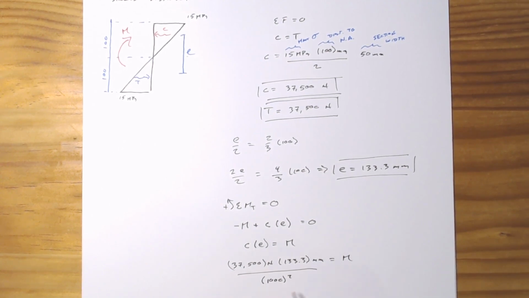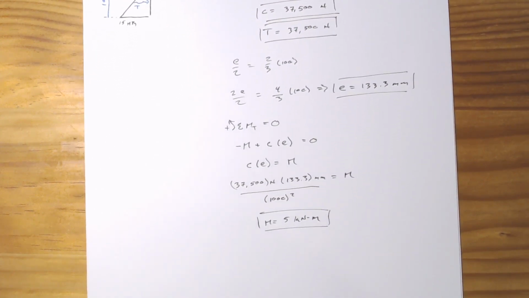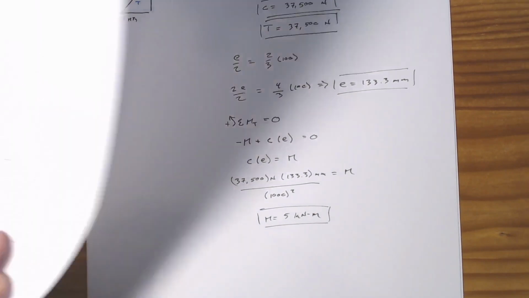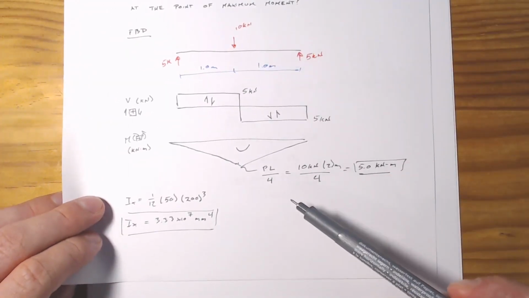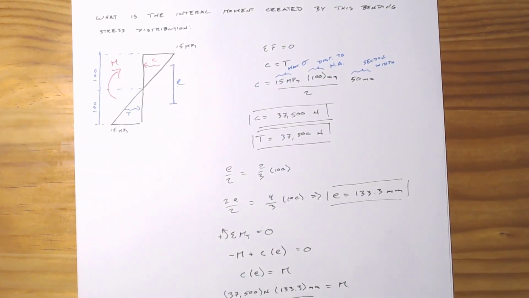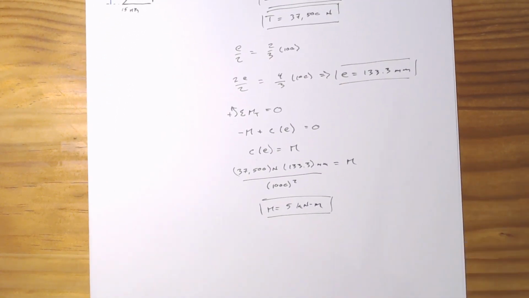And then we get that M equals 5 kilonewton meters, which is what we would expect. That's what we got when we worked out what our maximum moment was. And this is good because it means that our internal stress is in balance with our external moment, and that the section's in equilibrium.